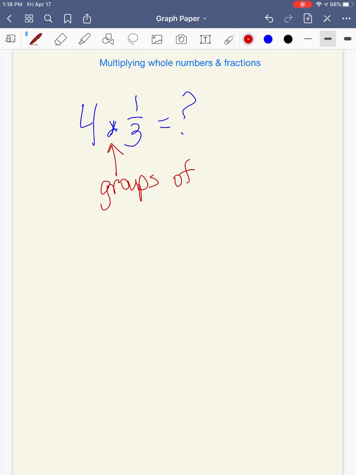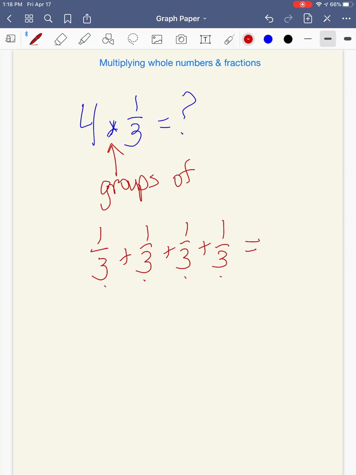So if we think of it that way, we can look at it as an addition problem. 1/3 plus 1/3 plus 1/3 plus 1/3. Not the most exciting or efficient, but it does help us make sense of it. I have a third and a third and a third and a third. I have the same denominator.